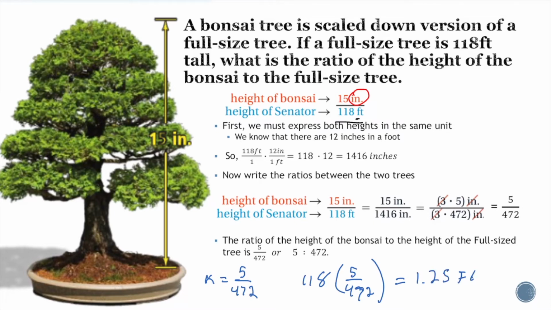In order to scale it into inches, we know that there are 12 inches in a foot, and this will give me my 15-inch bonsai tree. So if you wanted to scale another tree with a different height, you can do that with the same scale factor.